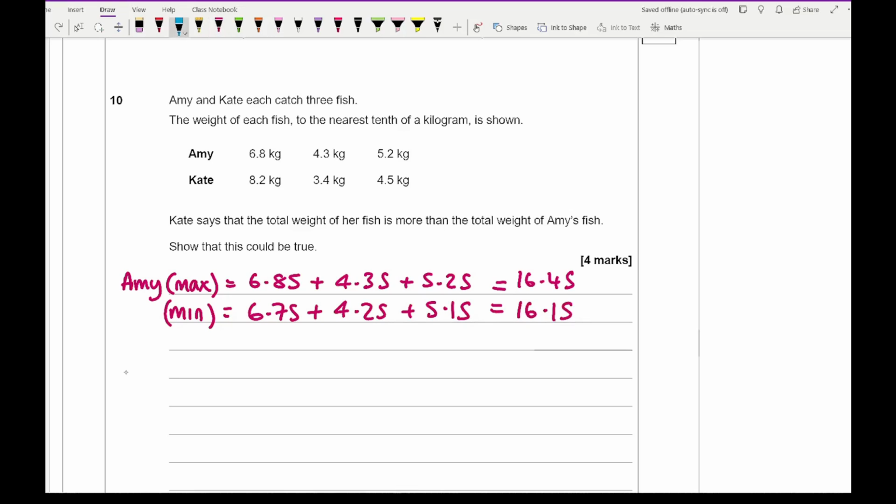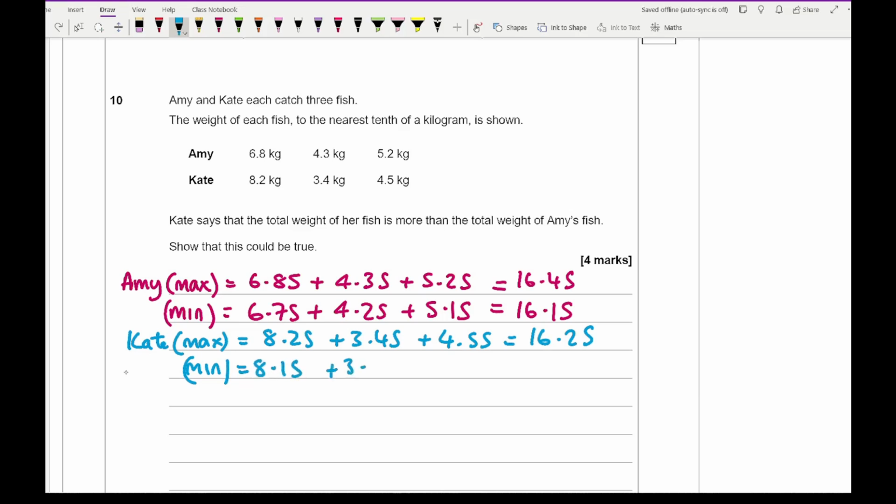Then if we work out Kate's max, that's going to be 8.25 plus 3.45 plus 4.55, and that comes up to a total of 16.25. Then we do her minimum, which is going to be 8.15 plus 3.35 plus 4.45, and that comes up to 15.95.